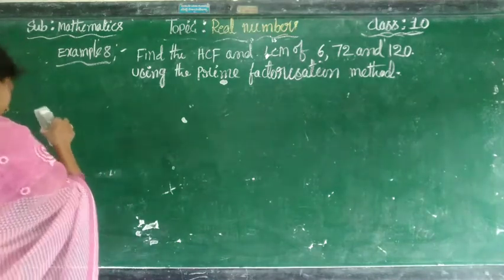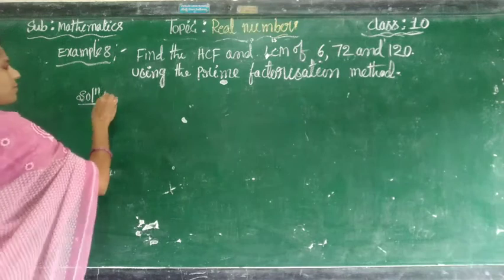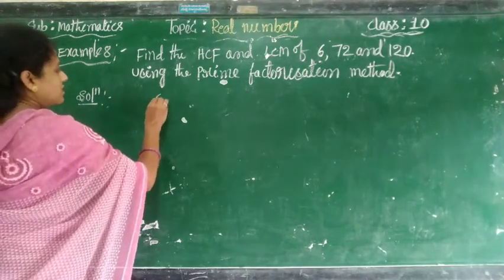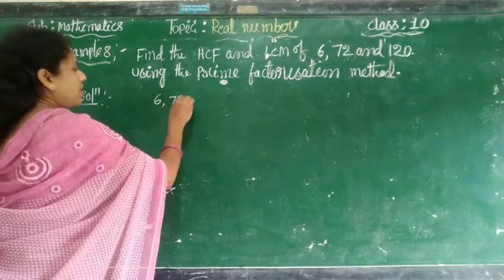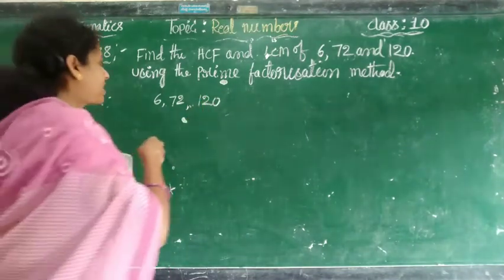Solution: we have 6, 72 and 120. Substitute in the prime factorization method.